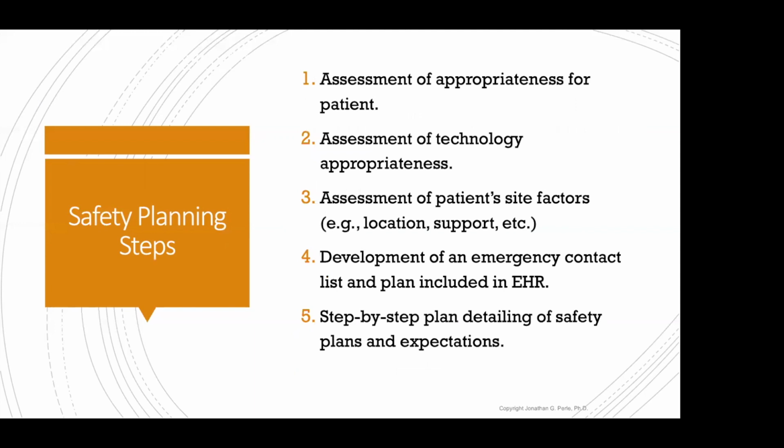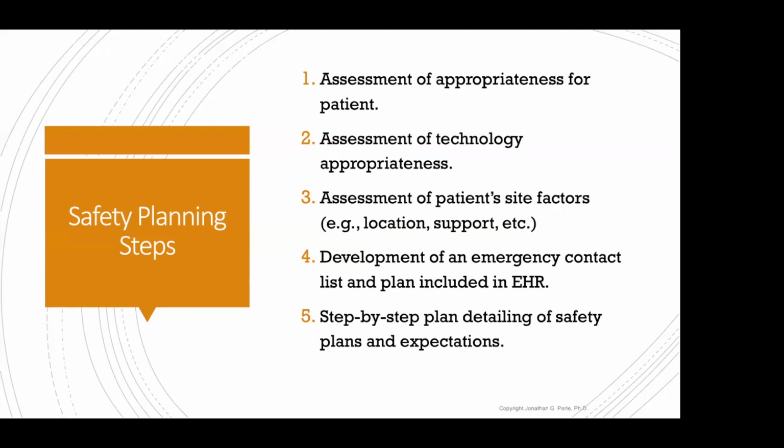As you go through this and you're thinking about these things, one, is this really appropriate for the patient? Is this technology going to work for it? Are there site factors that play into the patient's safety? Do we have development of an emergency contact list in the event that things get hung up? I try and call them, I can't get a hold of them.